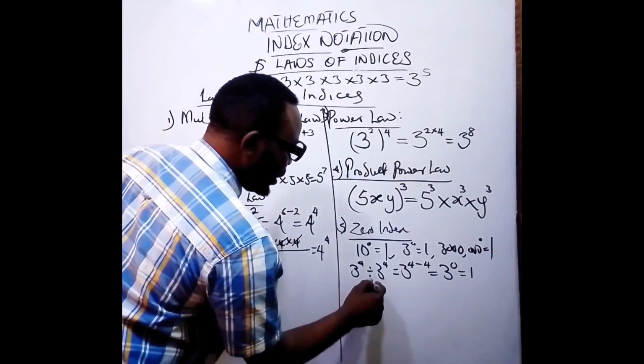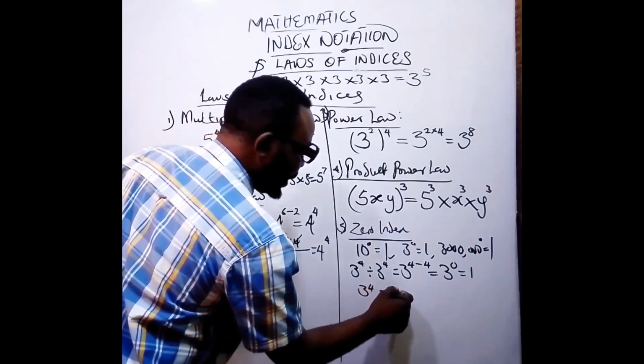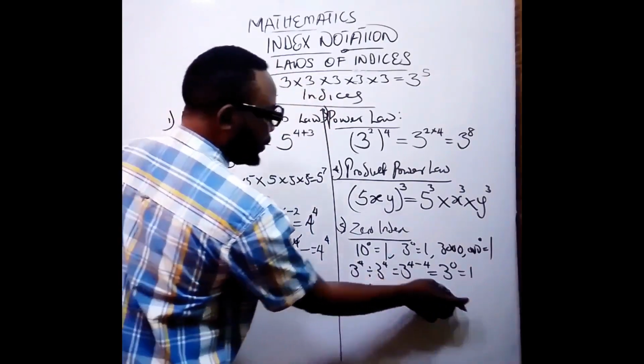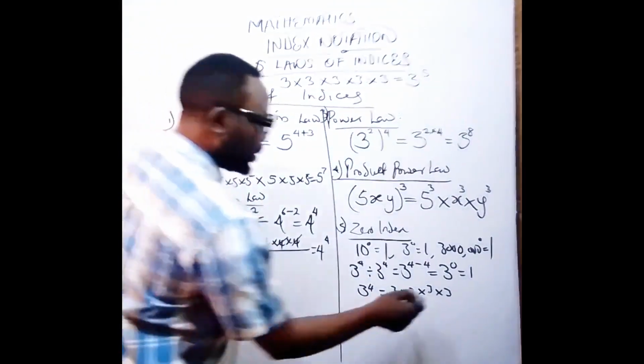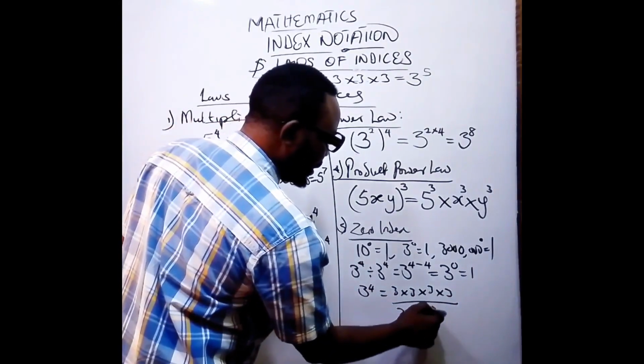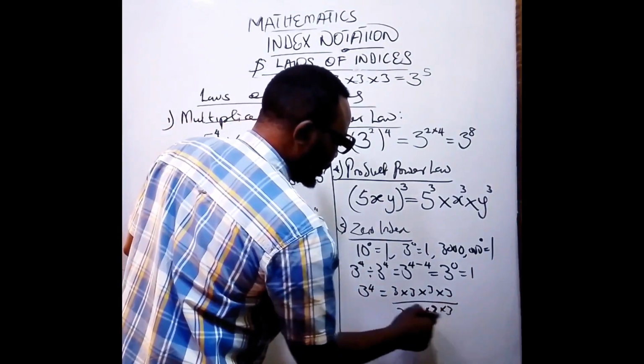3 raised to the power of 4 will be equal to 3 times 3 times 3 times 3, that's 1, 2, 3, 4 in 4 places, all over 3 raised to the power of 4 again, 3 times 3 times 3 times 3 in 4 places again.